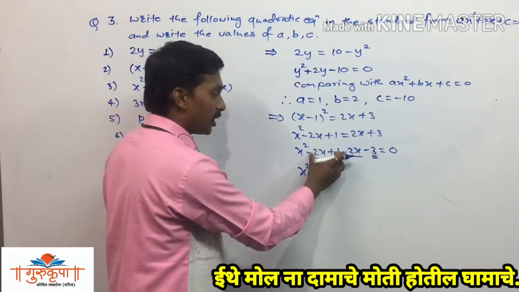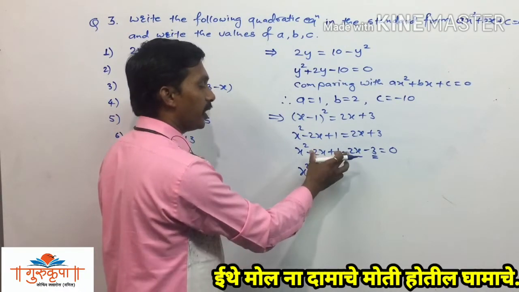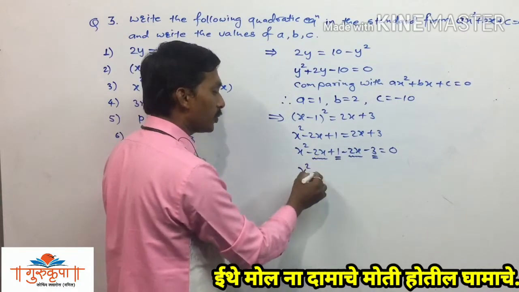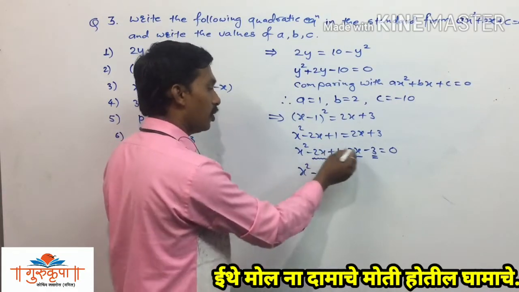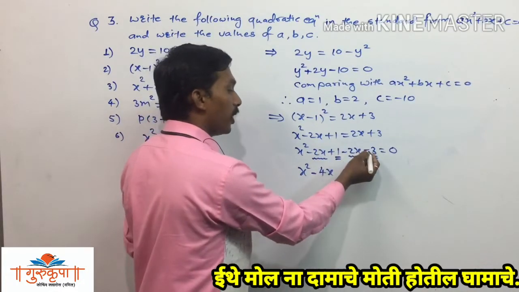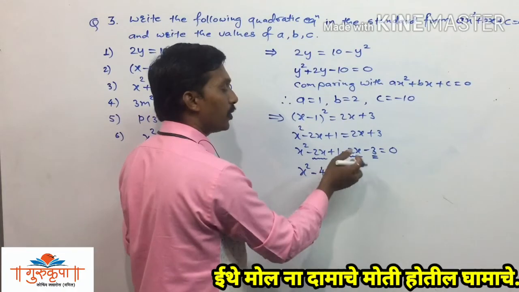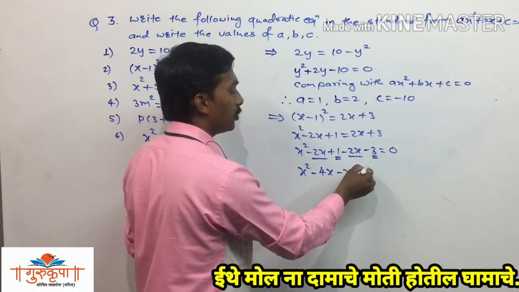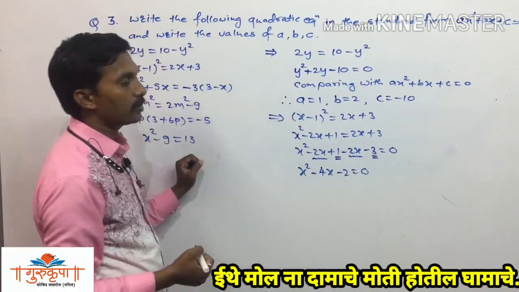Both the terms have the same sign, so we take addition and give the sign of both the numbers to the sum, that is negative. So 2x and 2x is 4x, negative 4x. Minus 3 plus 1, signs are different, so we take subtraction and it is minus 2, which is equal to 0.